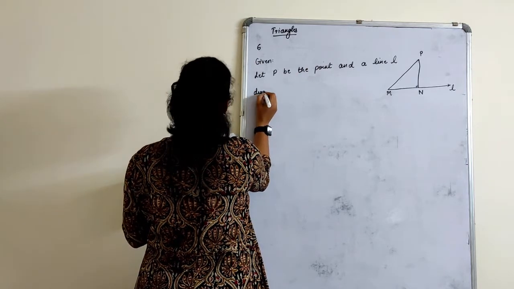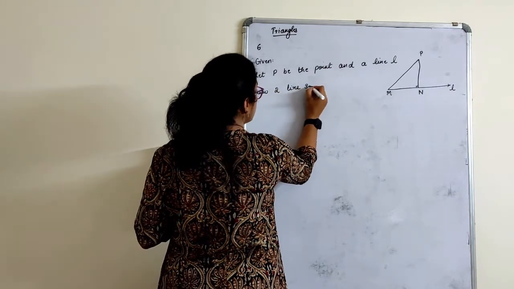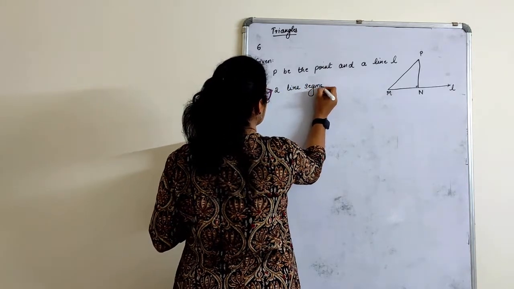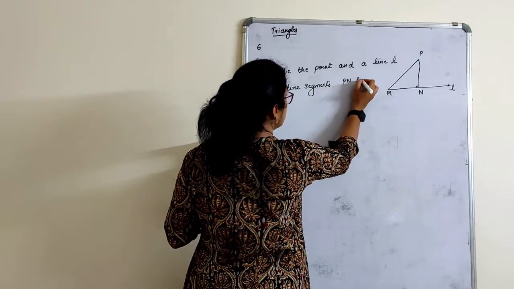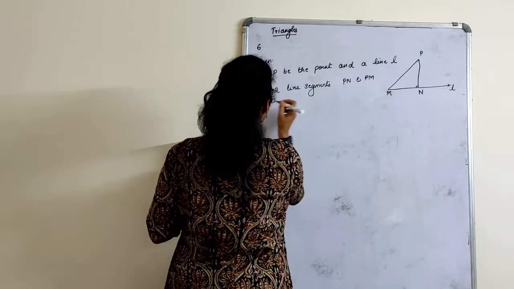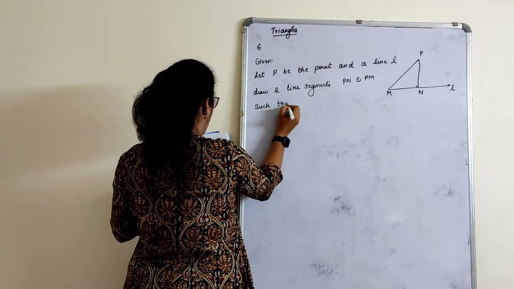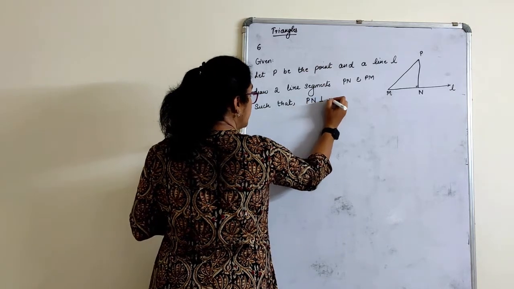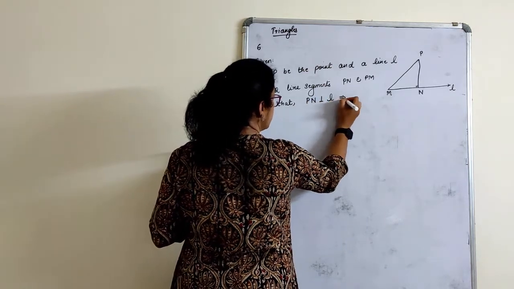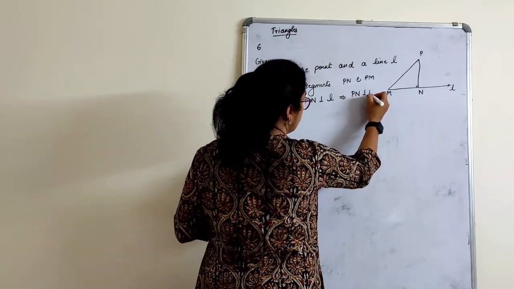So I will write that draw two line segments PN and PM such that PN is perpendicular to L, that is PN perpendicular to MN.